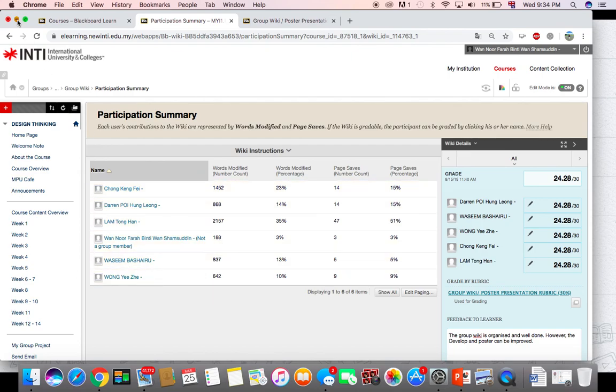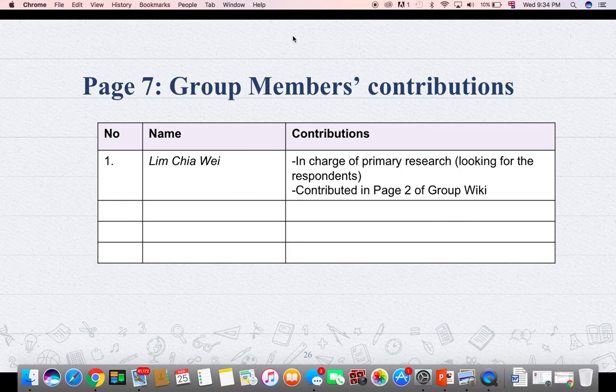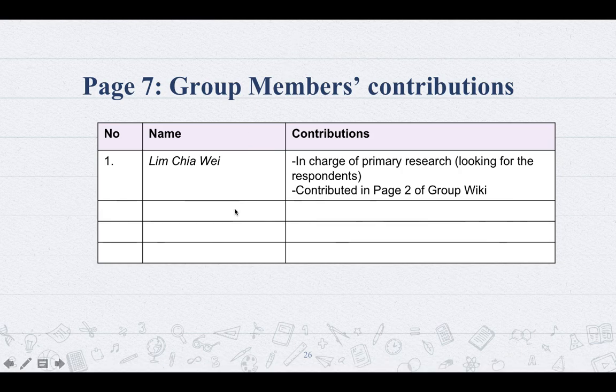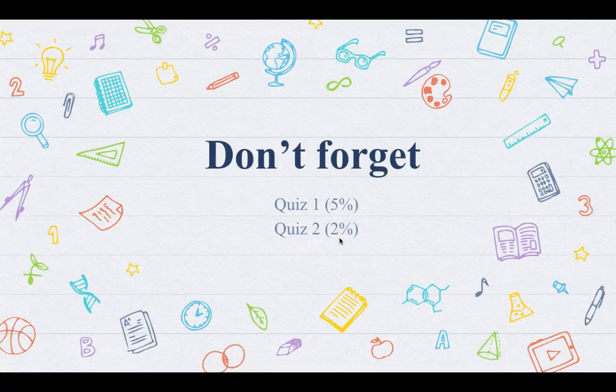So please make sure that you contribute in it. To avoid any sort of conflicts or problems, please do this and tell us what you have done. Again, do not forget your individual task this week is to accomplish quiz 1 and also quiz 2.